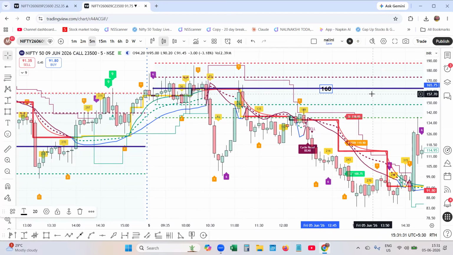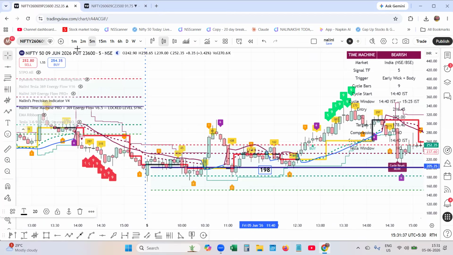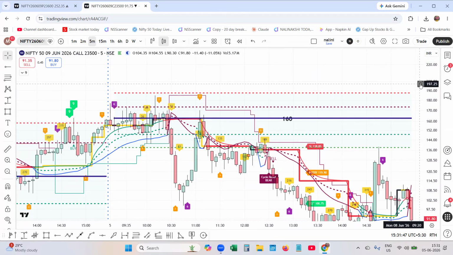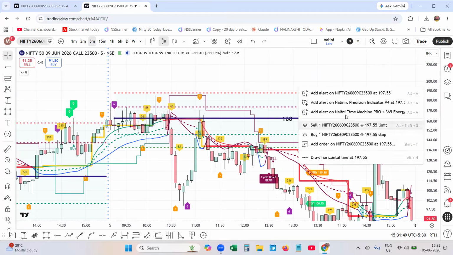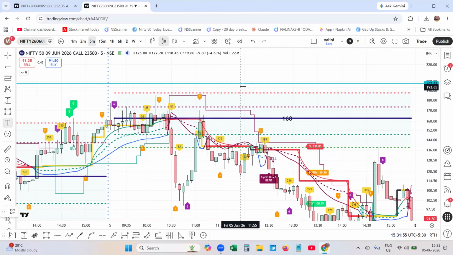On this itself, the deciding level for the put option is 198. Mark 198 on this chart. Let me put this. This is the PE level.